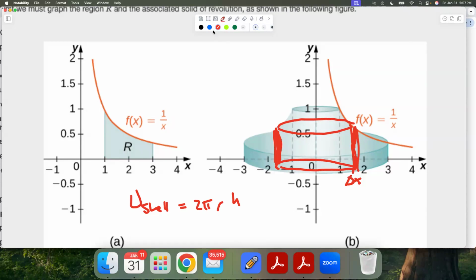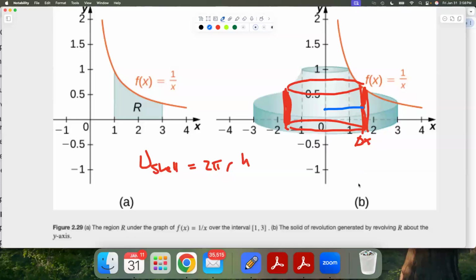All right, so my radius here is always the same. I almost confused myself for a second there.